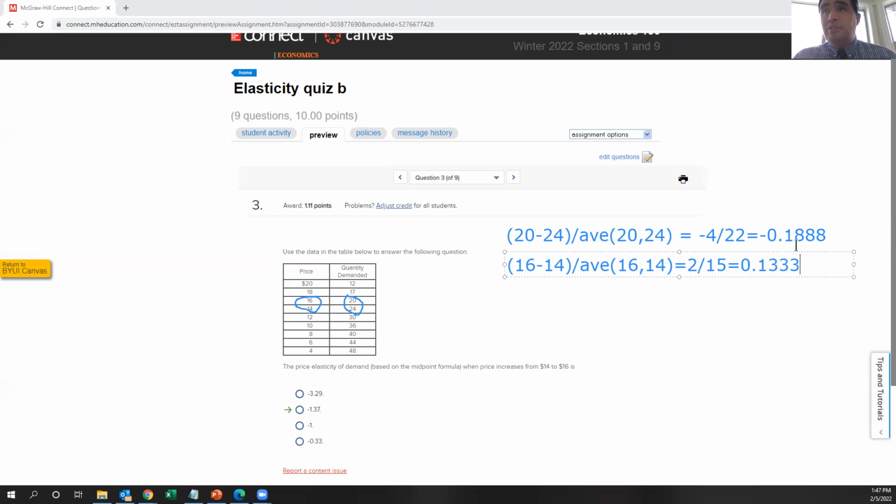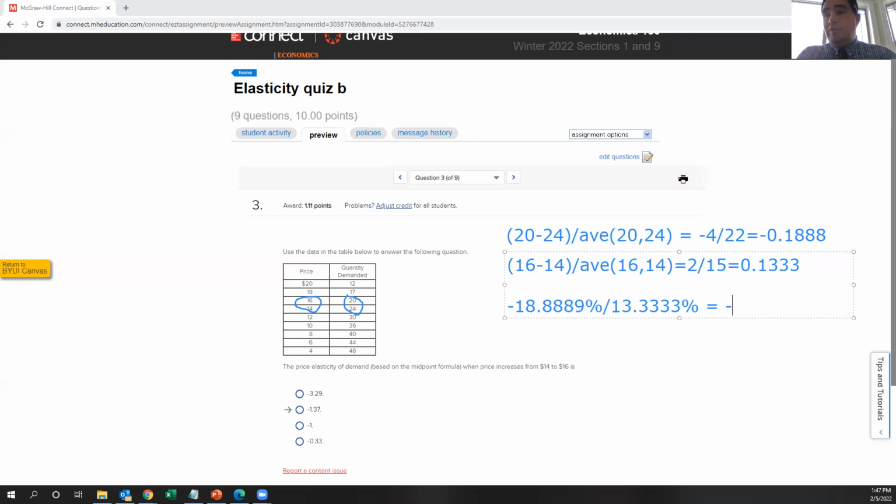If you take that ratio of negative 18.8% divided by 13.3%, however you want to round it, put that in my calculator.